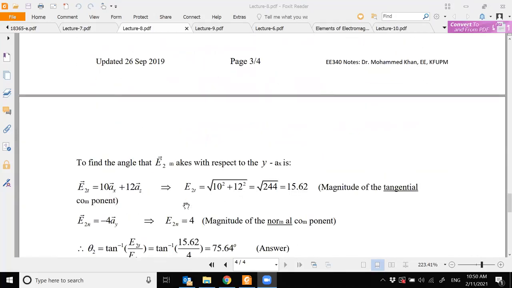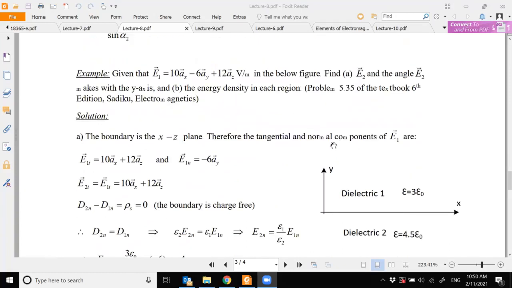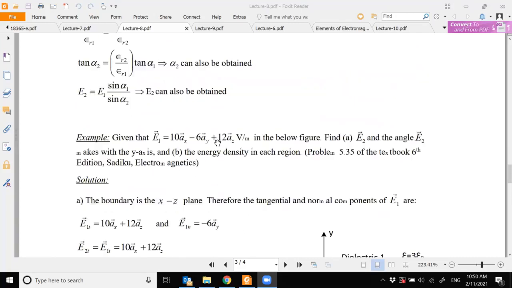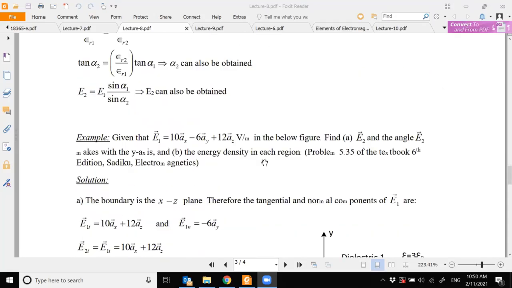Once I have E2, to find the angle alpha: the angle is the angle between the tangential and the normal components. The tangential component is E sine alpha and the normal component is E cos alpha.